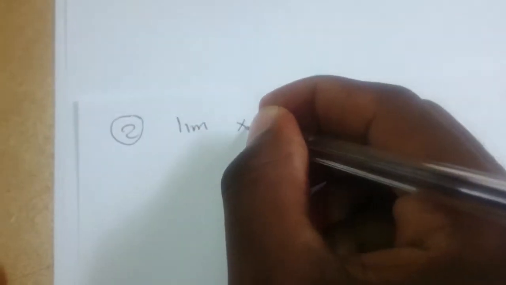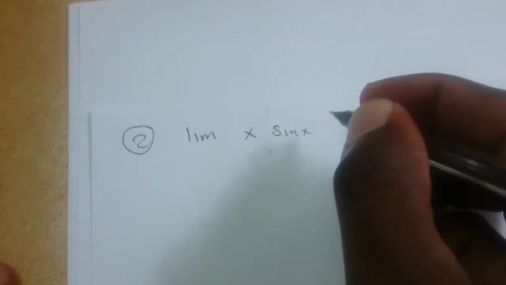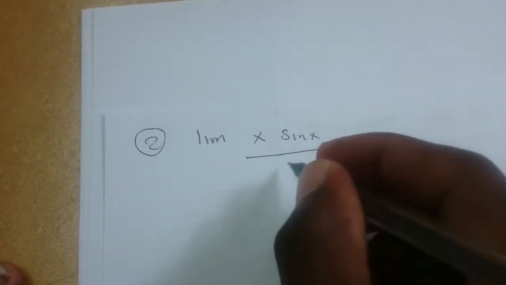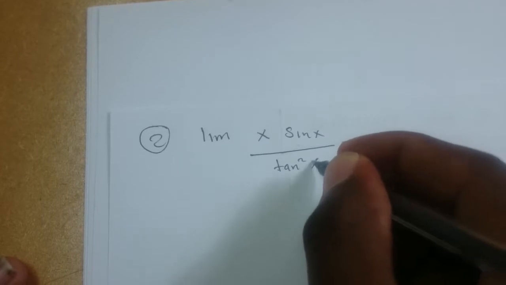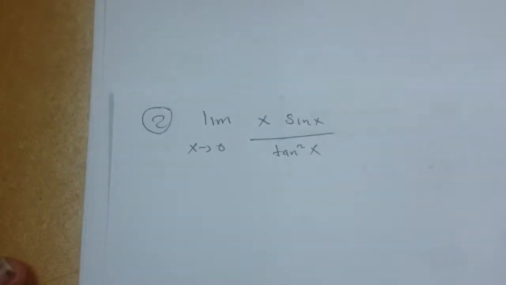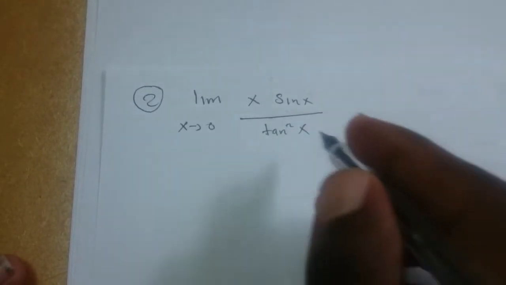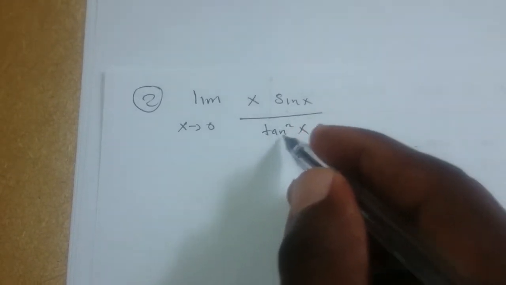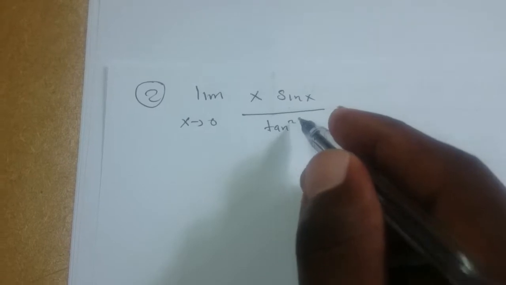Then example 2: we have the limit of x sine x over tan squared x as x is approaching 0. What we are going to do here is change this tan into sine and cosine.